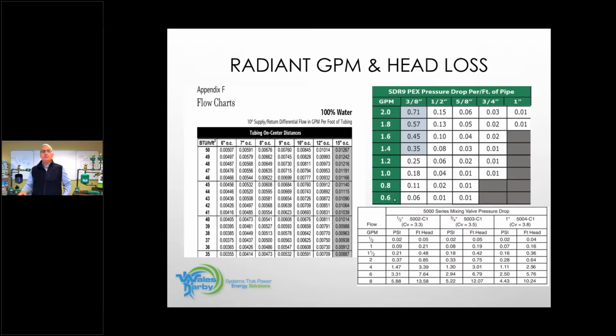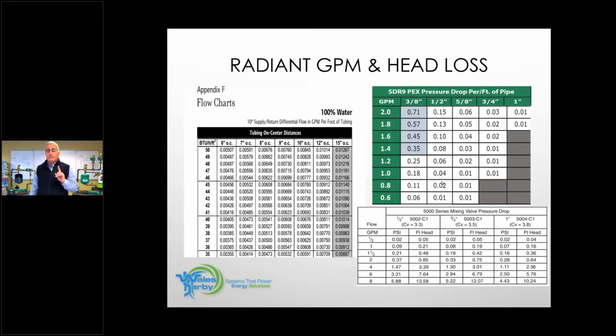We just take the highest loop. They're both the same. So if I went here at 0.8, since it's not 0.9, I'll bump it up to that 1. So we take the loop length times that 0.04, and since it's half-inch tubing, that would tell me my head loss. I did the math, and it came out to 7.4. So now I know I have to move 1.8 GPM times 7.4 feet of head. That's what I have to overcome.